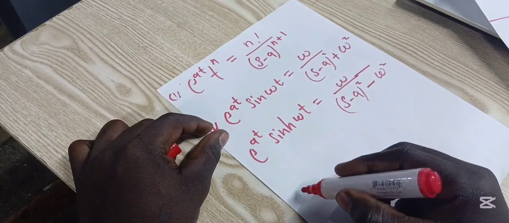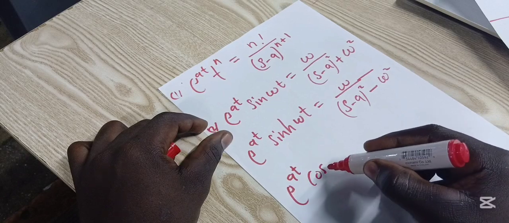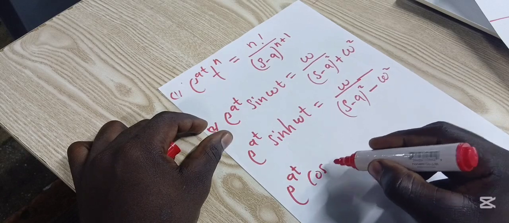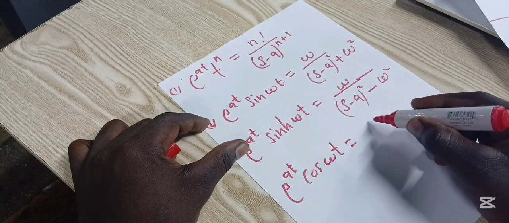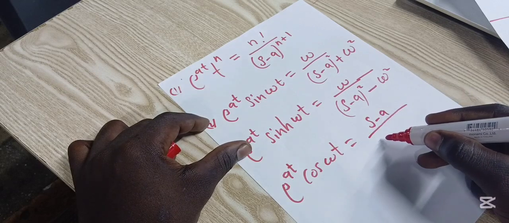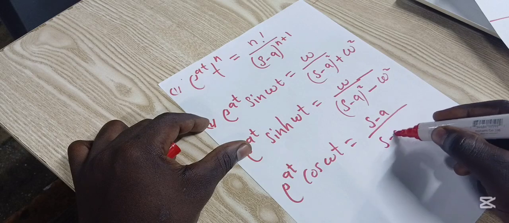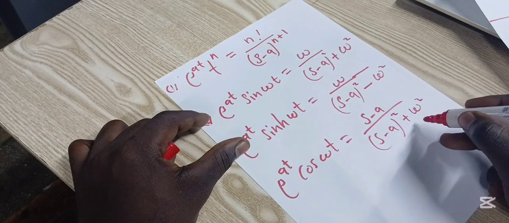The Laplace transform of the function e to the power at cos wt is going to give us s minus a all out of s minus a squared plus w squared.